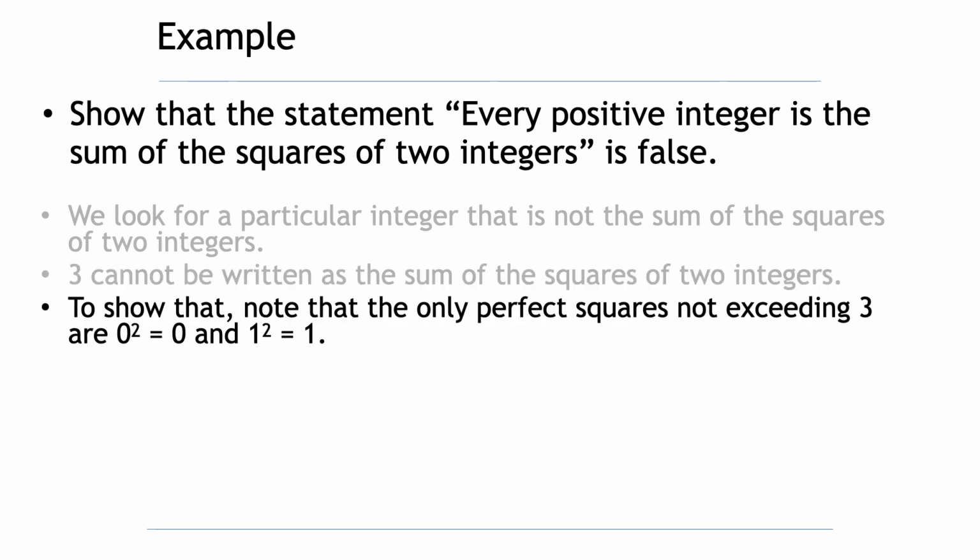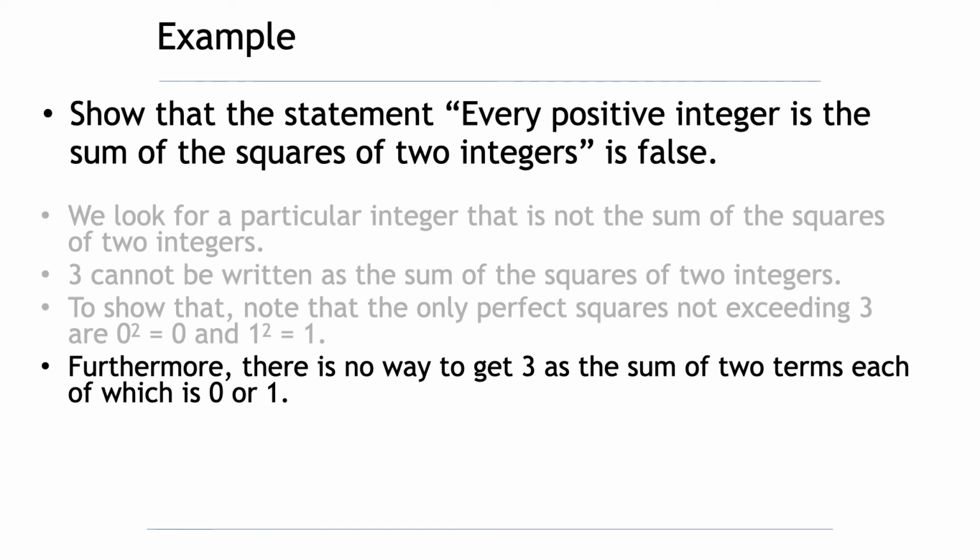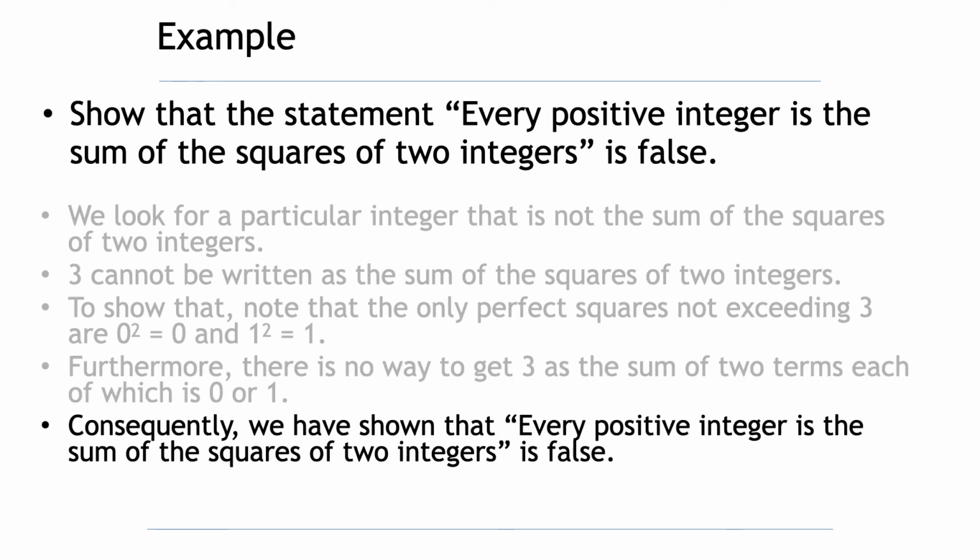To show that, note that the only perfect squares not exceeding 3 are 0 and 1. Furthermore, there is no way to get 3 as the sum of two terms each of which is 0 or 1. Consequently, we have shown, using a counterexample, that the statement every positive integer is the sum of the squares of two integers is false.